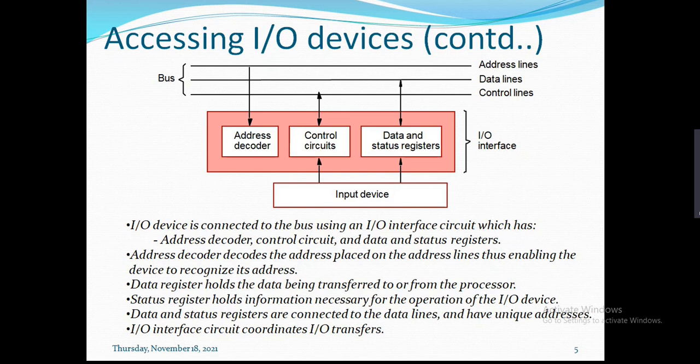What is the name of the register for input device and for output device? Data in: you can use the term register, or you can call it a buffer, with respect to input device, and this is the buffer with respect to output device.